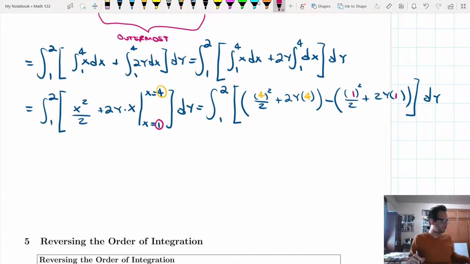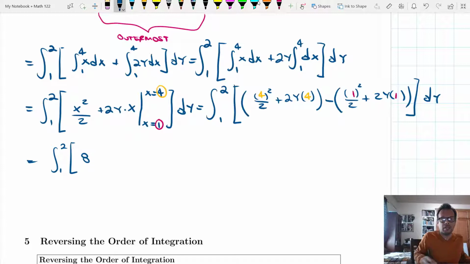What are we going to get here? When simplifying this, I get the following. I'm going to simplify the quantity that I'm highlighting right now: 4 squared divided by 2. 4 squared is equal to 16, and 16 divided by 2 is 8. So the integral from 1 to 2, and then 8 plus, in this case, 2y times 4, that's going to give us 8y.